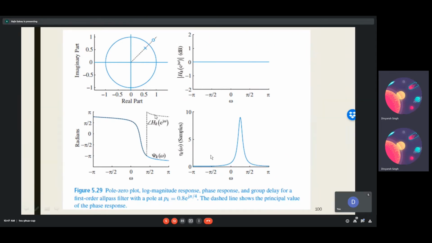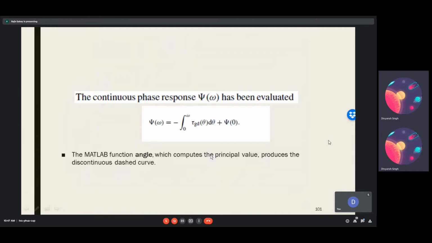Using this curve, you have to produce psi of omega. This dashed curve is actually the angle of H(e^j omega). So you have to unwrap this phase response. That means you have to remove this discontinuity and add this jump here to get the continuous phase response, whose derivative you can take to calculate the group delay.